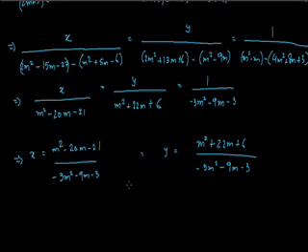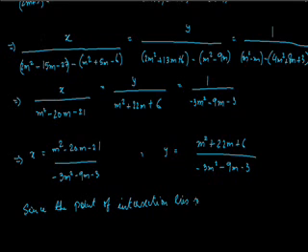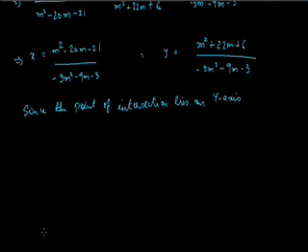Now since the point of intersection lies on y-axis, the x coordinate becomes 0. So x coordinate of the point of intersection becomes 0.